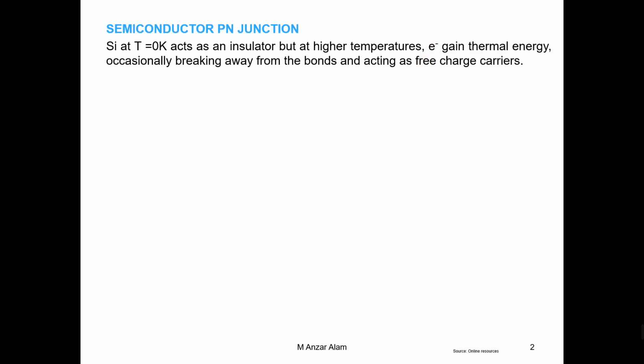Here the E minus sign stands for electron, so I will use this one. So it means the silicon is an insulator only at temperature 0 degree Kelvin, that is equivalent to minus 273, I think, something degree centigrade.